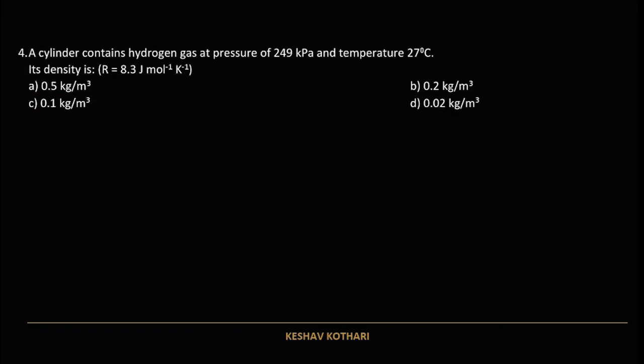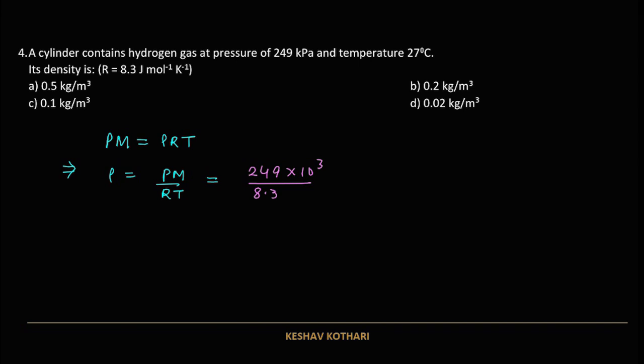A cylinder contains hydrogen gas at a pressure of 249 kilopascal and temperature 27 degrees Celsius. Its density is. So over here we are using our working formula, PM equal to rho RT. From here I can write that density is equal to PM by RT. If we start substituting the values, pressure is equal to 249 kilopascal, that is into 10 to the power 3, upon 8.3, that is given.